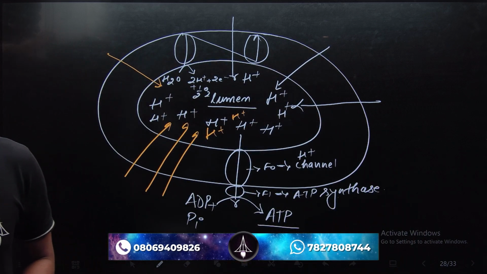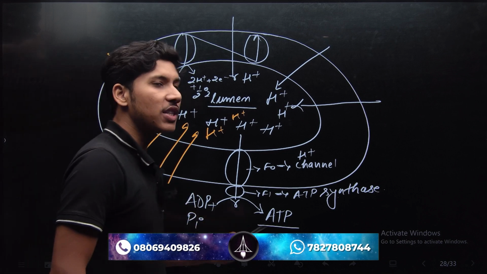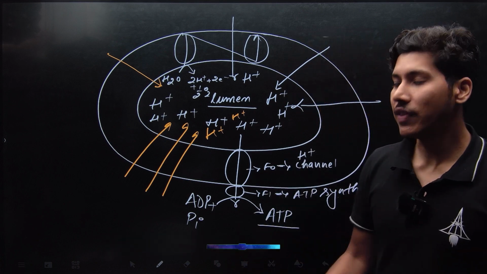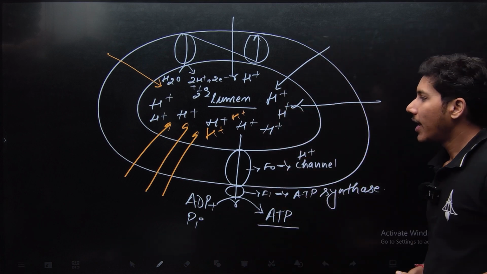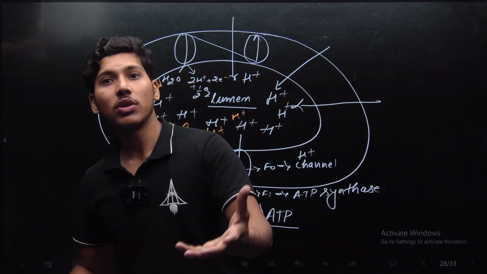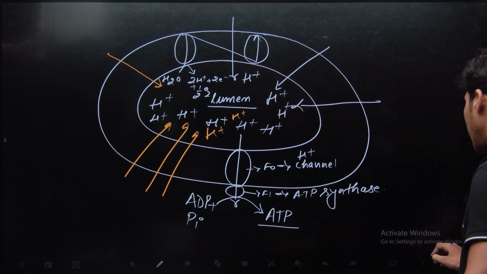Clear? So this is the manner in which ATP is synthesized in both cyclic and non-cyclic photophosphorylation.